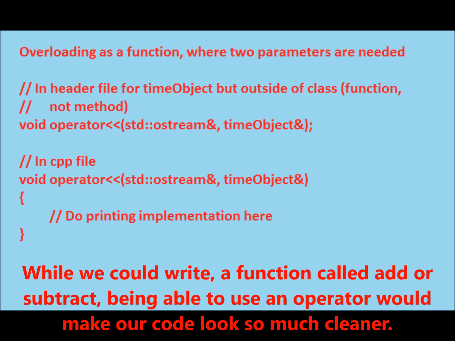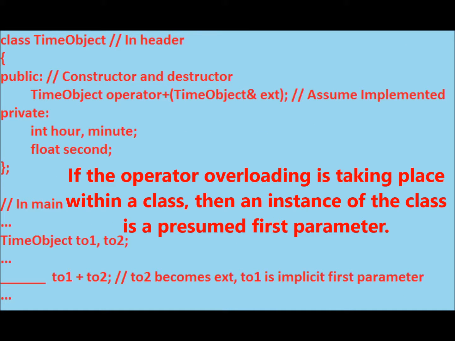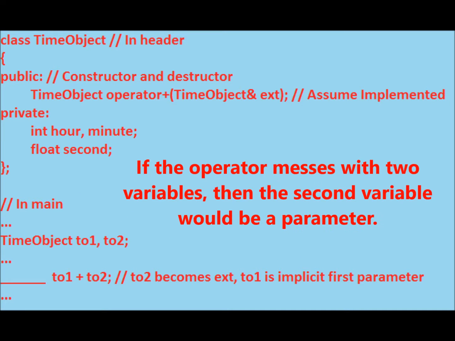An operator overloader has similar syntax to a function, although instead of a function name, you would use the keyword operator followed by the actual operator. If the operator overloading is taking place within a class, then an instance of the class is a presumed first parameter.